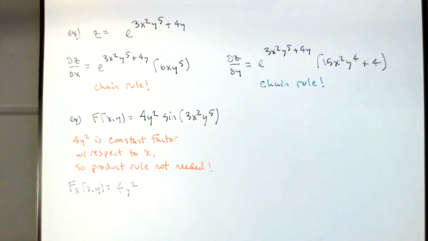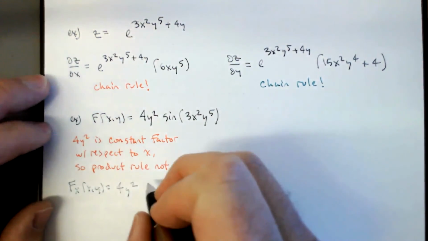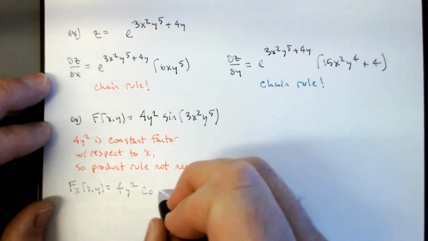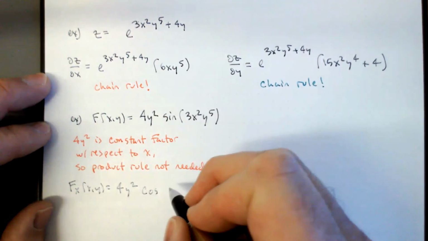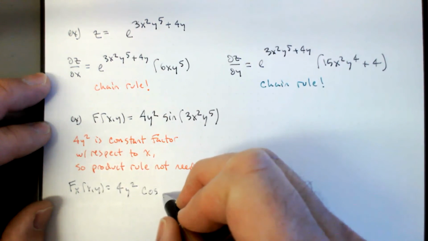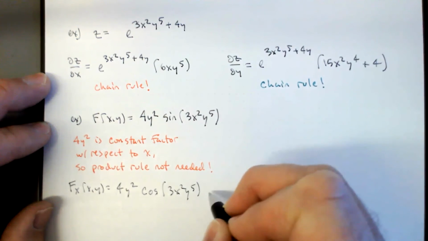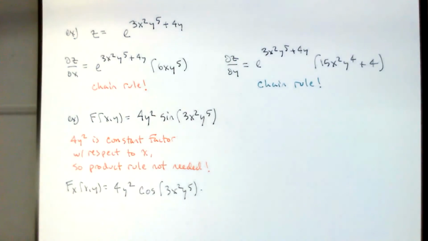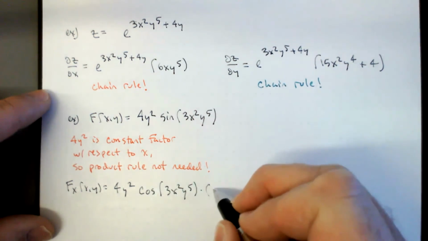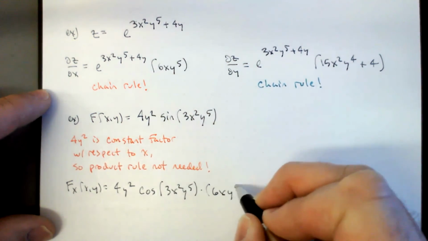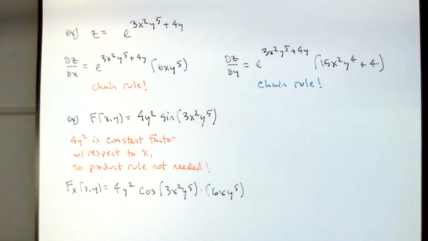The derivative of sine of something is cosine of that thing, times the derivative of that thing, the derivative of w with respect to x. And the derivative of 3x squared y to the fifth with respect to x is going to be 6x y to the fifth, just like it was on the previous page.